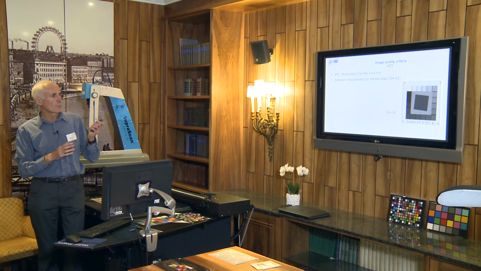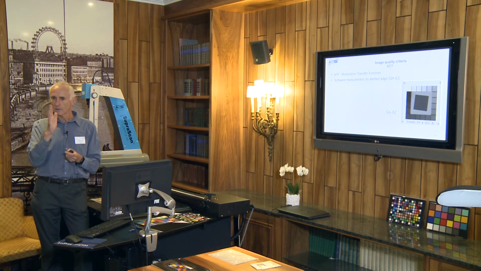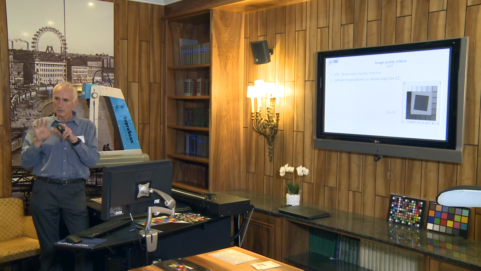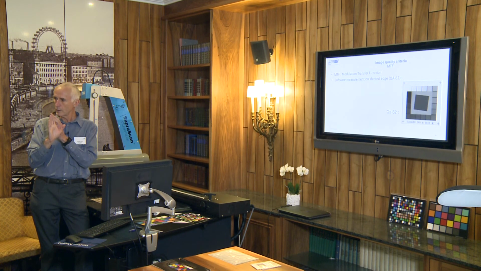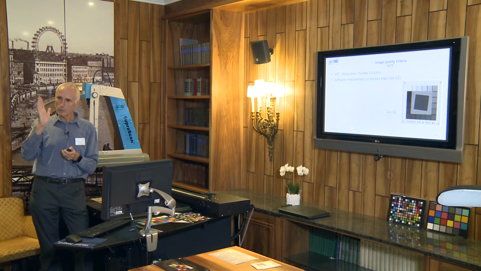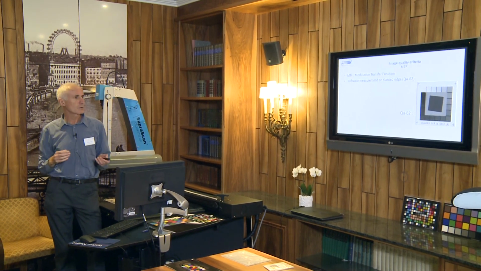So we will scan the chart and the edge here, for example, will be between 2 pixels. If I go lower, it will be in the middle of 1 pixel. I will have all the possibilities. The edge will be in the middle of a pixel on 1/3, 1/4, and so on.